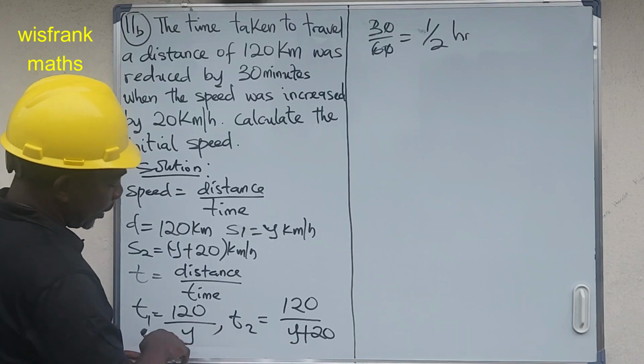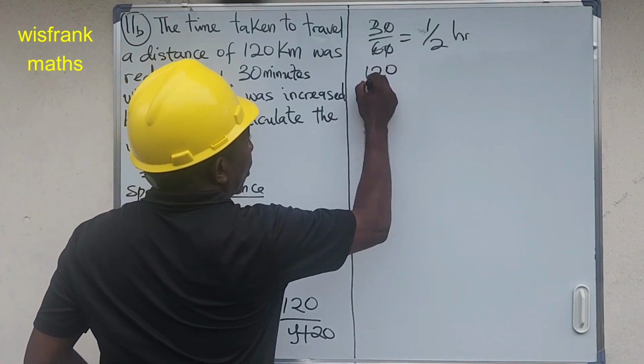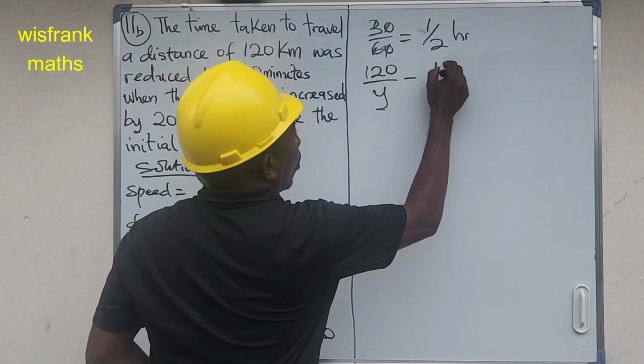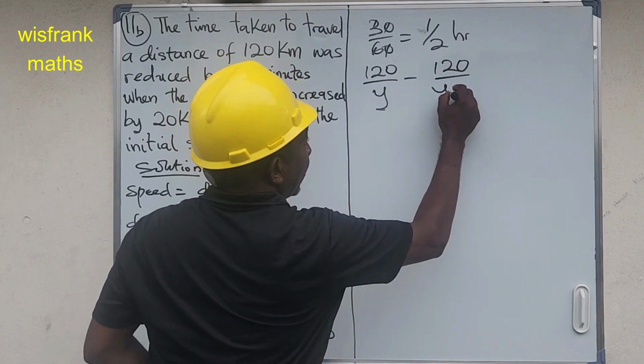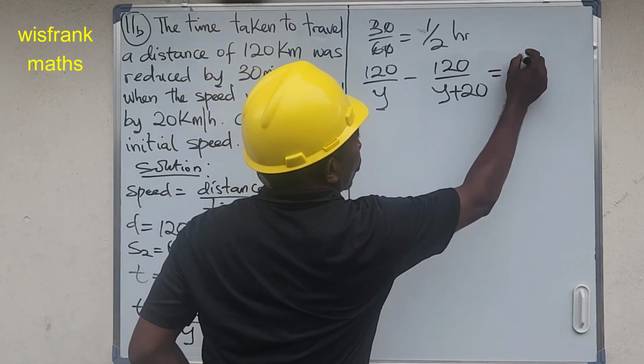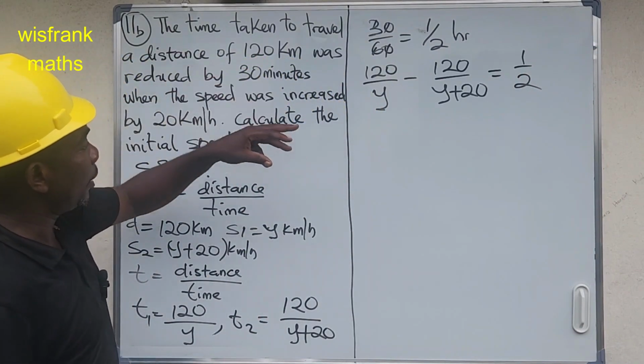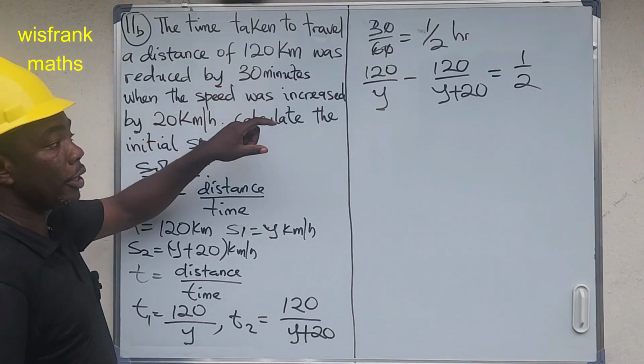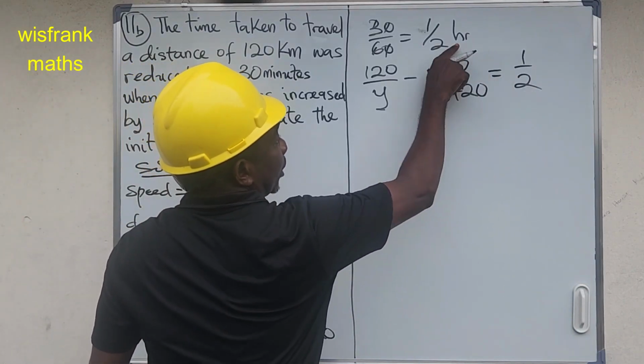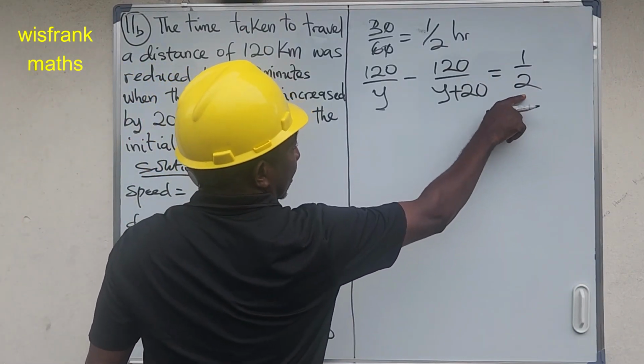So when we subtract these two, we have 120 over y minus 120 over y plus 20 equals 1 over 2. That is the difference.